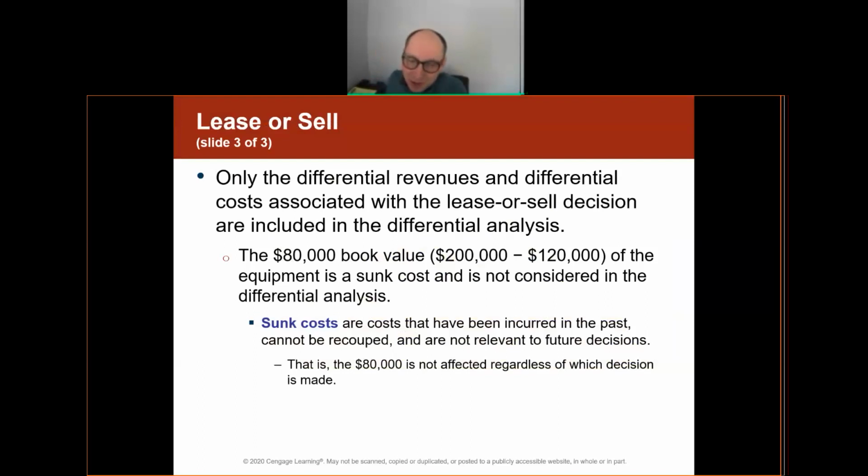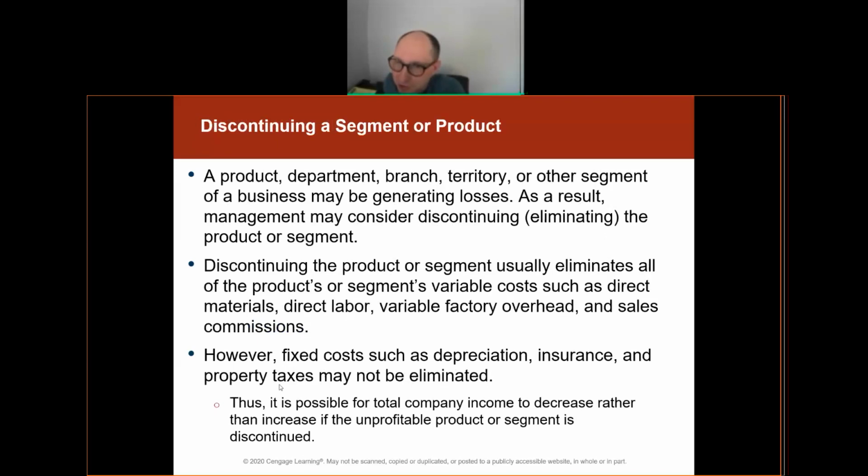So what I'm trying to say is that because we've depreciated the original machinery by 120, we don't take that depreciation into consideration when we make a differential analysis, because it's not going to make a difference. Call it a sunk cost. It happened in the past, can't be recuperated, and it's not going to affect future decisions.